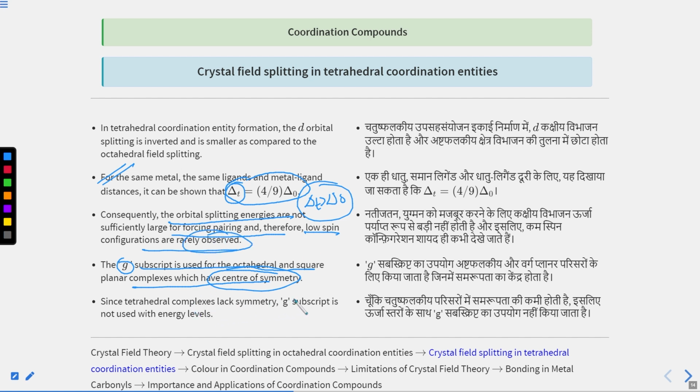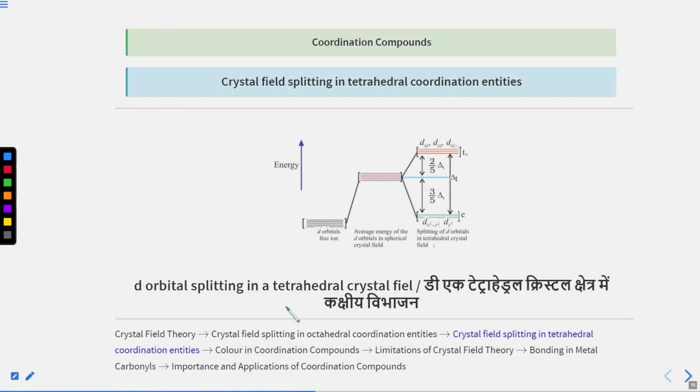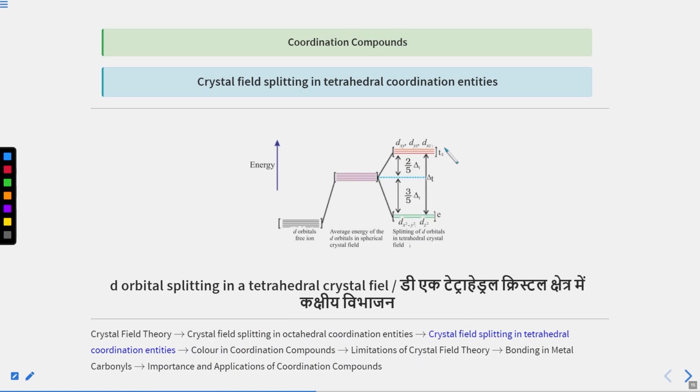You don't have to worry about it. And the last point is, because of the absence of symmetry, they are non-gerade, so we have to drop this g word here. See, it is written only t2 and e, not t2g and eg. This is a very important point. These small things make up coordination chemistry. Clear? So this is about tetrahedral.